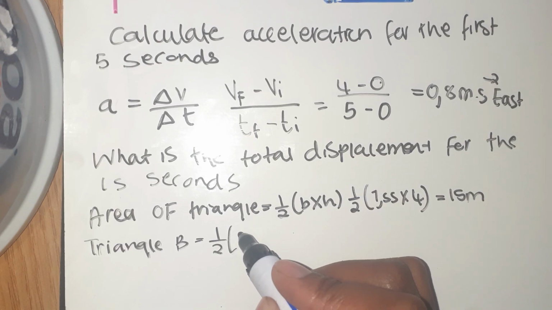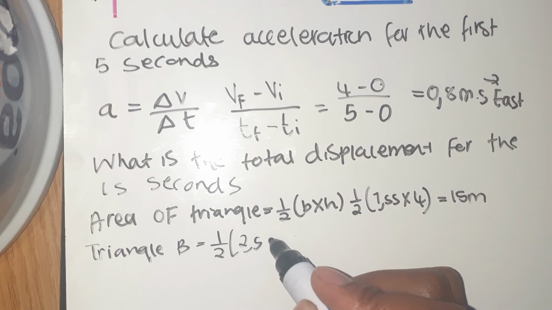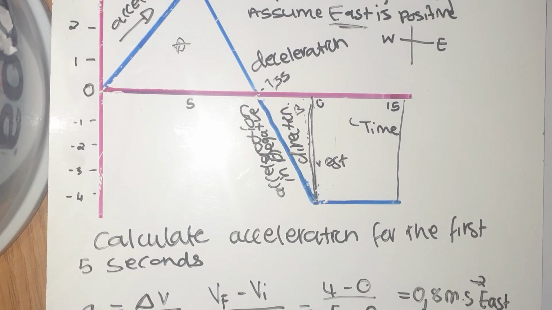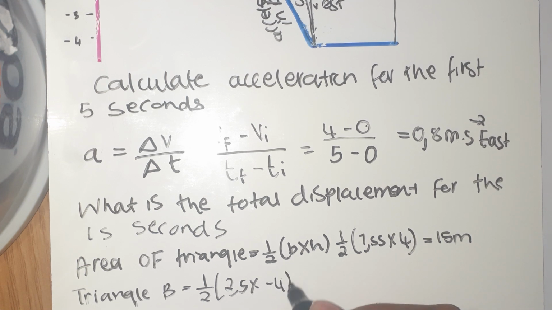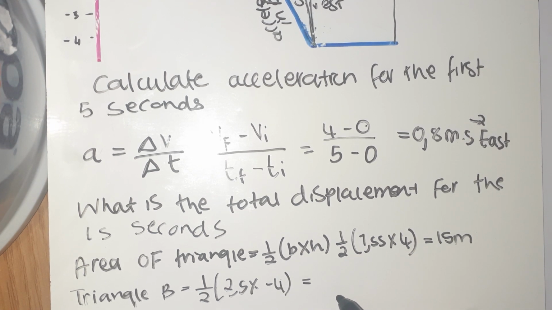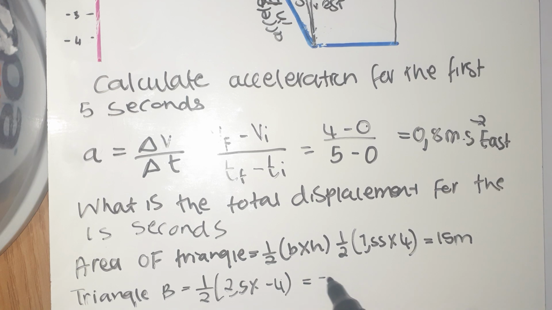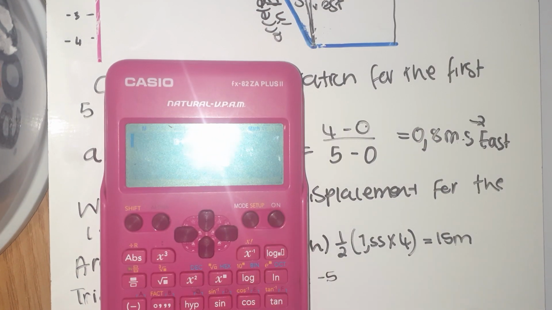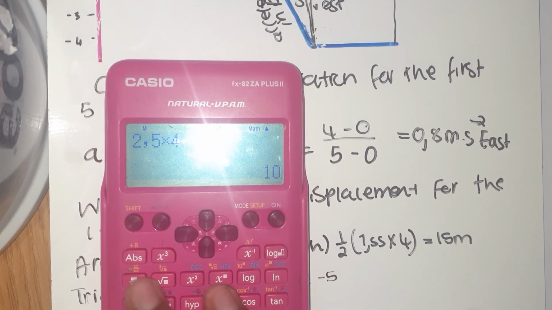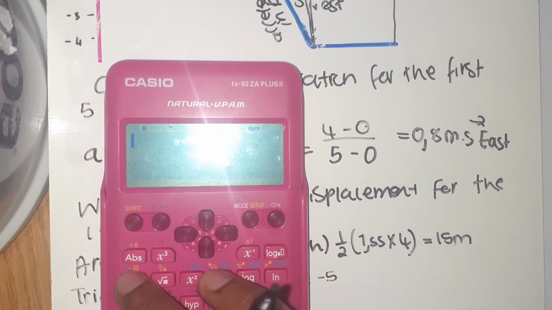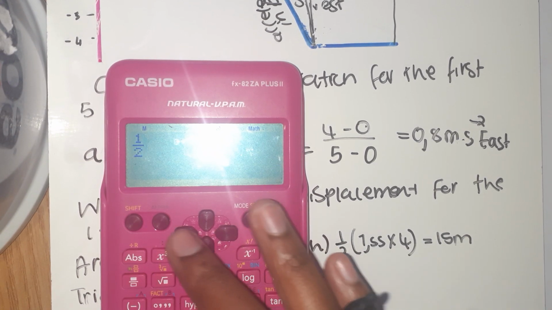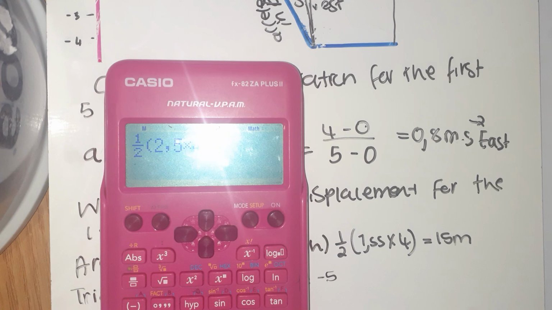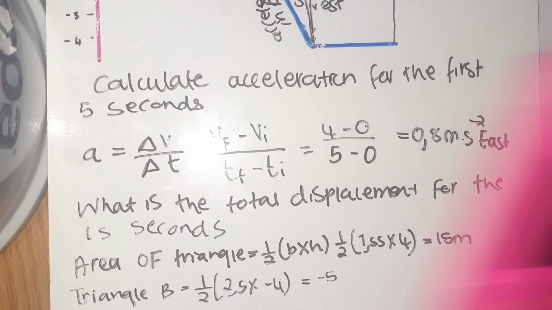So that is base 2.5 times the height, which is -4, and then half of this. You punch that into your calculator, and that will give you -5. 2.5 times 4 is 10, and half of that is 5.